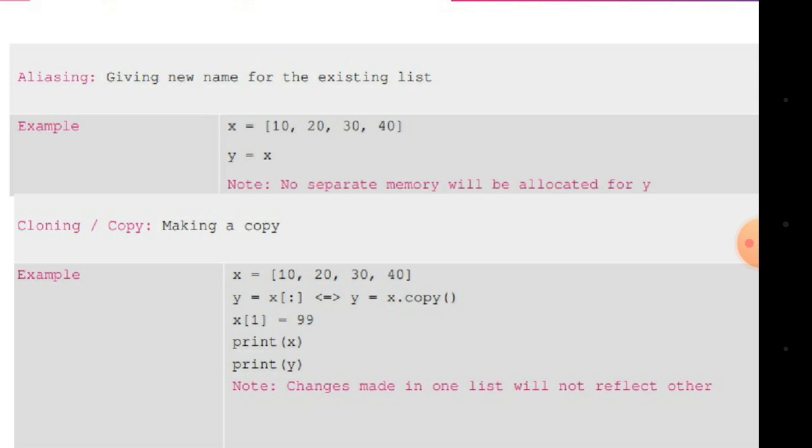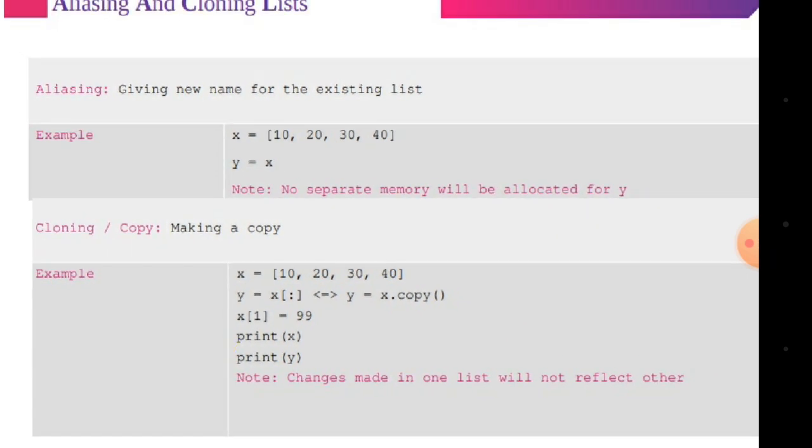Now we copy this list to another variable, y equal to x. It means the elements present in the list are copied into y. So the new name for that list is y. Whatever operation we perform after y equal to x, we perform on the basis of y only. That is aliasing, giving another name.